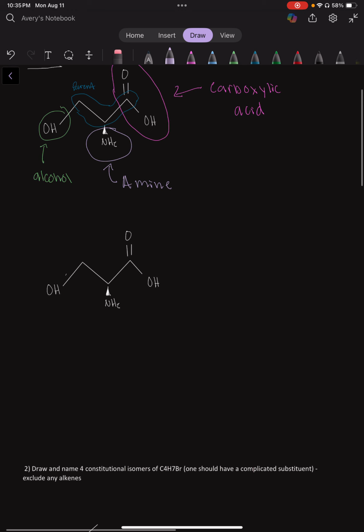We have an atom here, an atom here, an atom here, an atom here, one here, and one here. So I'm going to go ahead and label these with letters so that when I go around and do them, it's easier to identify. So we have A, B, C, D, E, and F.